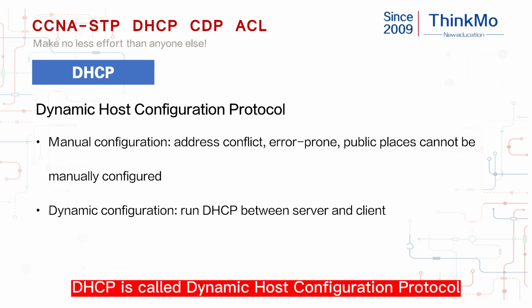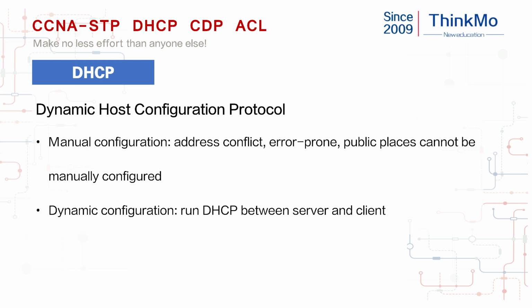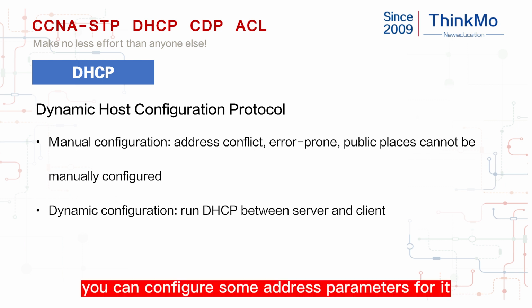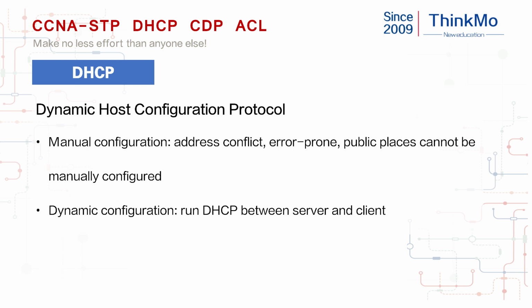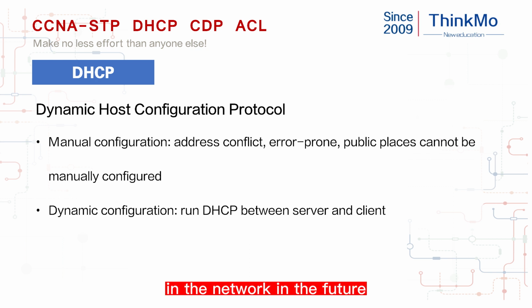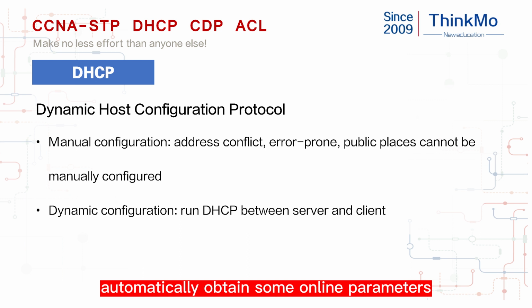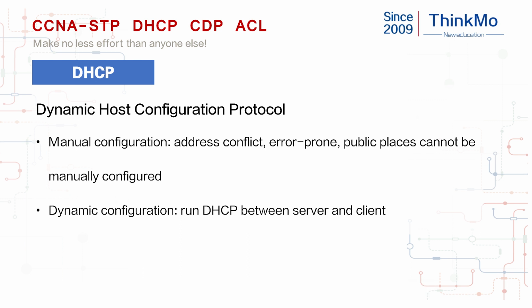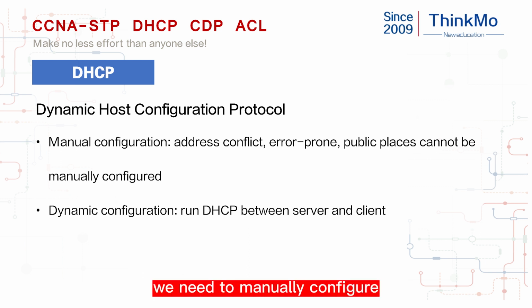DHCP is called Dynamic Host Configuration Protocol. That is, you can configure some address parameters for it without static manual configuration. When we run the DHCP protocol in the network in the future, I can make some terminal devices automatically obtain some online parameters. For example, I want an IP address, we need to manually configure.